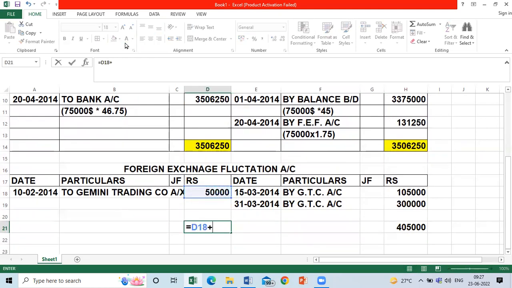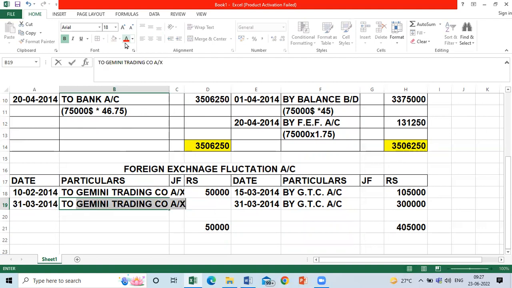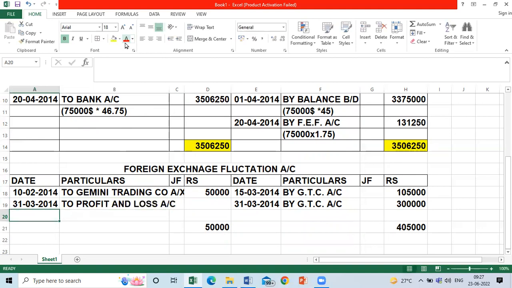On the debit side, we have only 50,000. So the balancing figure will be the transfer entry to profit and loss account.